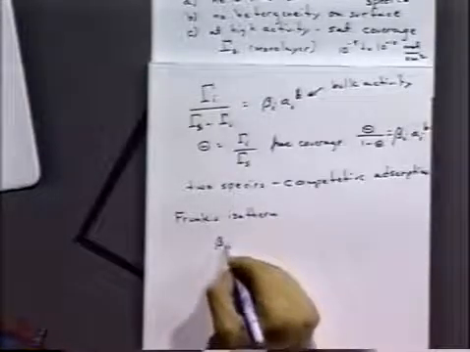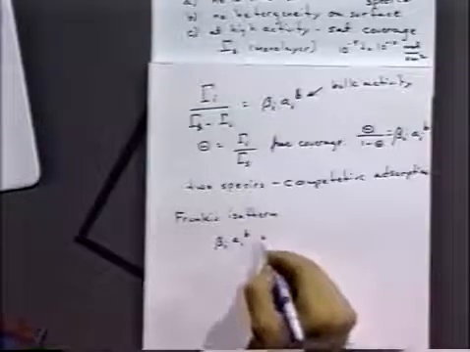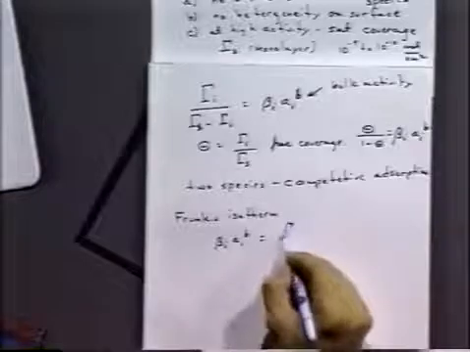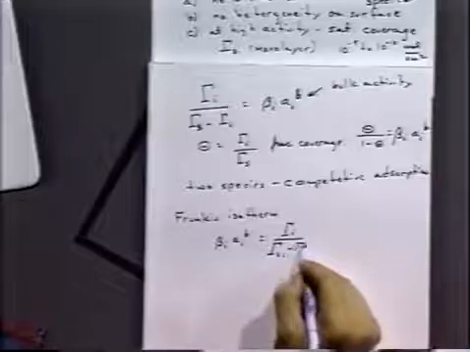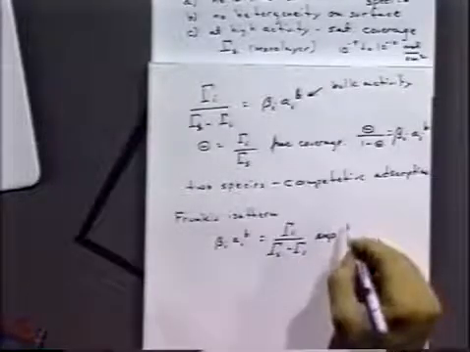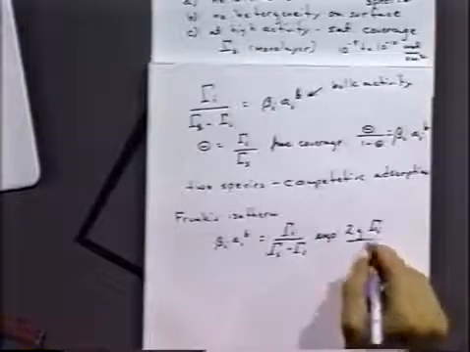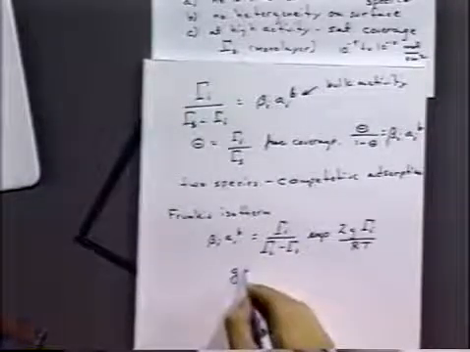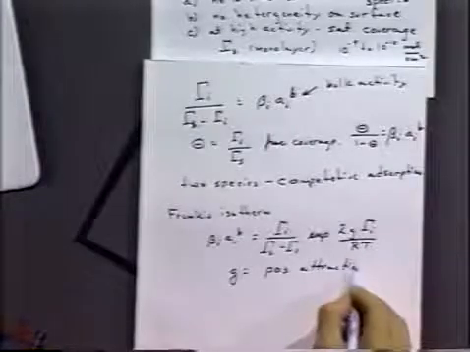It says that the relationship between the free energy and the activity is equal to, again, this relationship between the surface coverage and the saturation coverage. And then it adds a term, an exponential function, which is 2 times g gamma sub I over RT, where g is a positive interaction, a positive attraction energy.